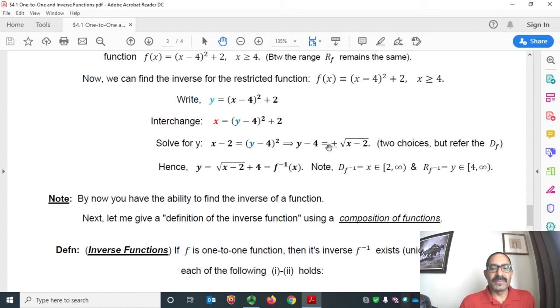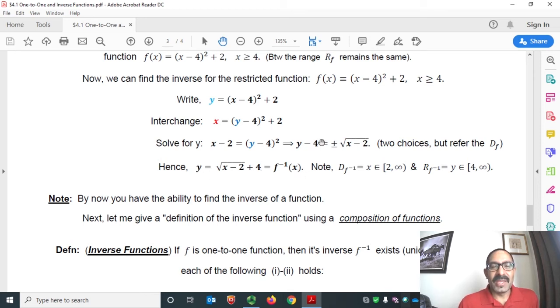Here by the way we have plus or minus, we have two choices, but by referring to the domain of f we are picking the positive part. So here y minus 4 equals the radical of x minus 2. So then y equals the radical of x minus 2, then bring 4 to the right side, plus 4. And finally, replace y by f inverse x.